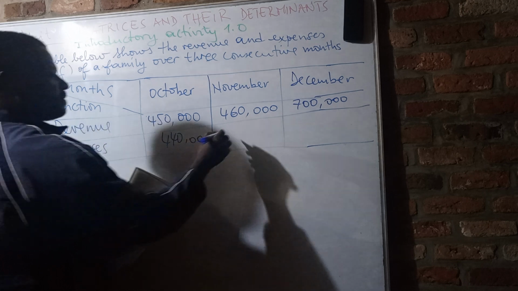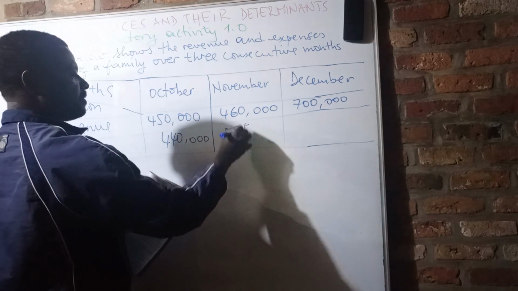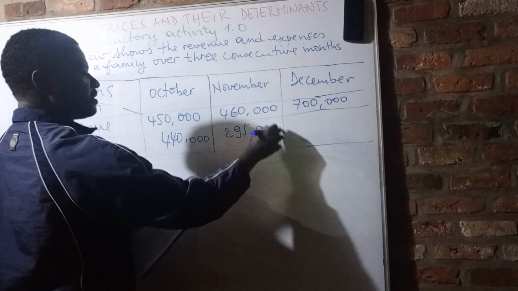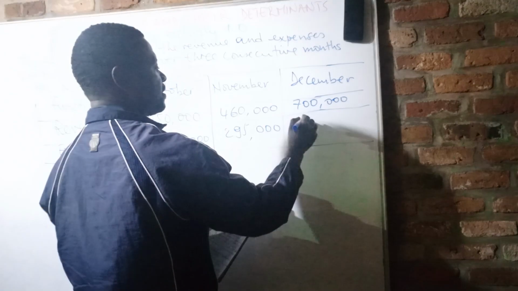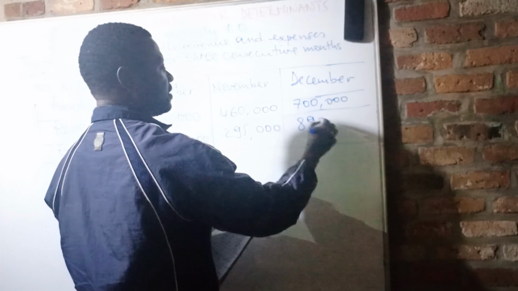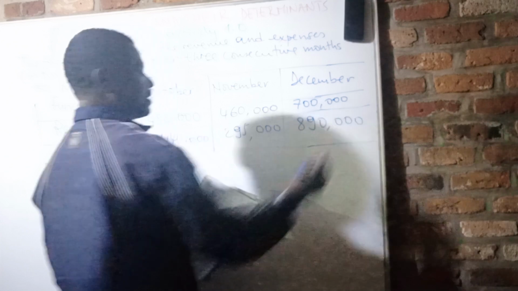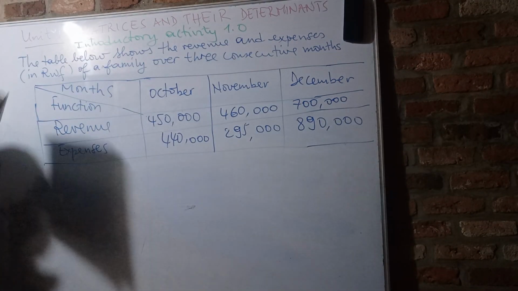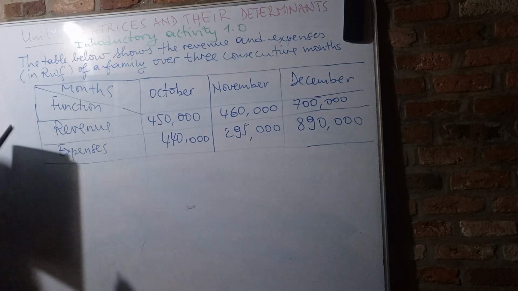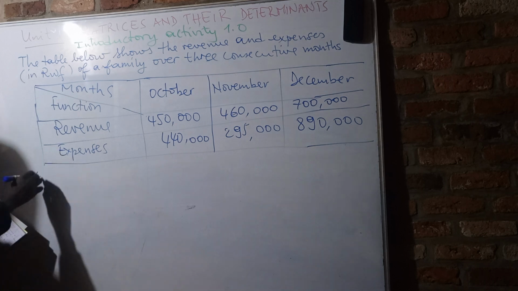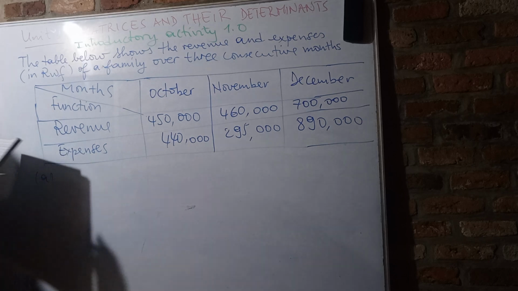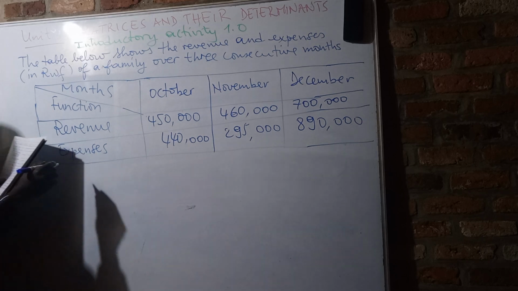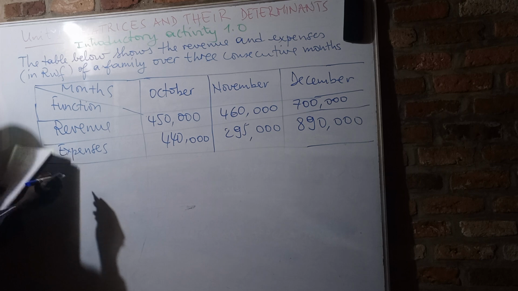Next we have 295,000 francs, and 190,000 francs. So now one question is, in this introductory activity we have, what was the family's revenue in October?